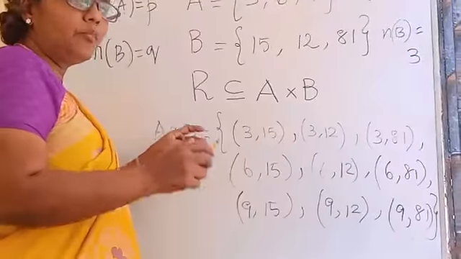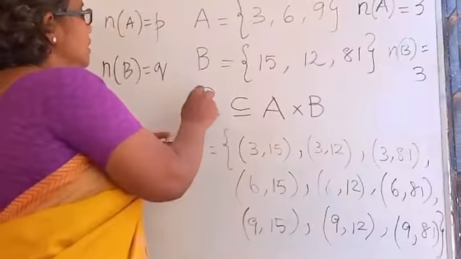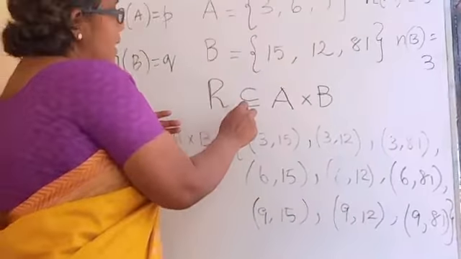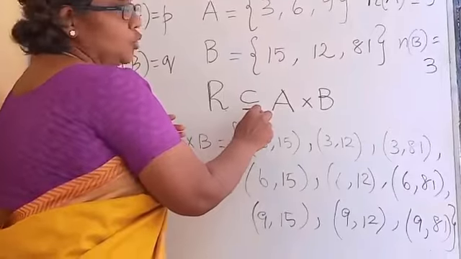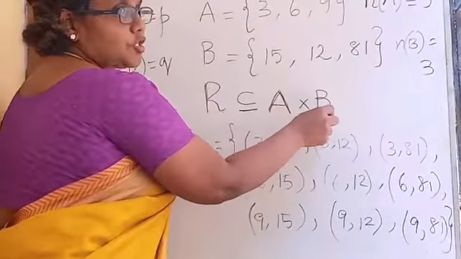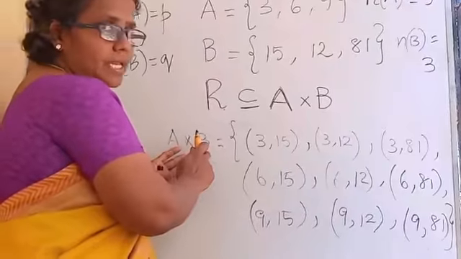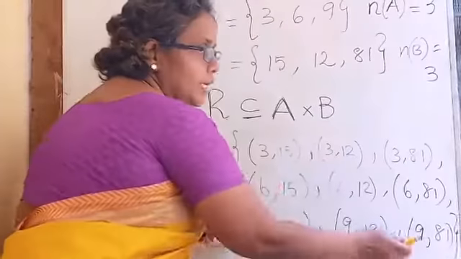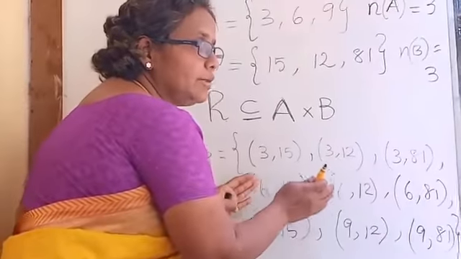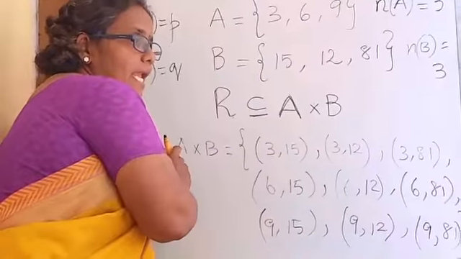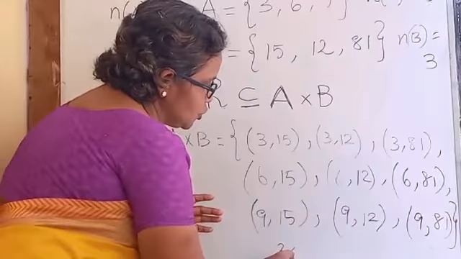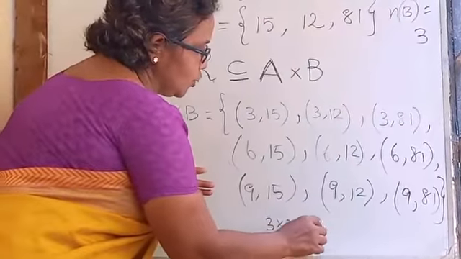So, from this we conclude that the relation R may be equal to the Cartesian product of A cross B. So, A cross B, I have shown you the maximum number of combinations that I can make between the elements of set A and elements of set B. Therefore, it is 3 into 3, which is equal to 9.